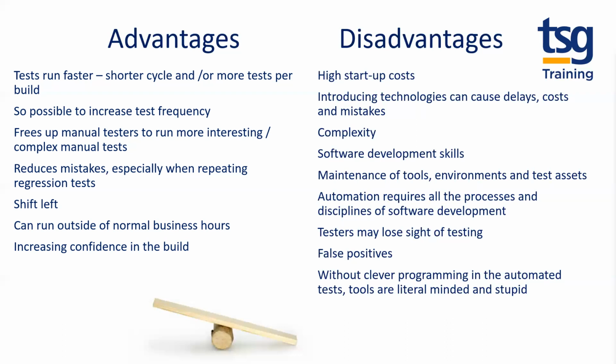And you might be aware of false positives, and these occur when the automation failures are not the software's failures, but are due to defects in the automation. And without clever programming in the automated tests, tools are literal-minded and stupid, but testers are not.